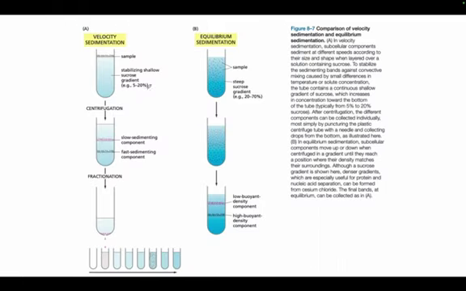So, for that, you need to do something like gradient centrifugation, okay? Which means in this tube, in my sample, I'm going to add a gradient. So, this is going to basically allow different densities to form throughout the tube. I'm going to add my sample on top.